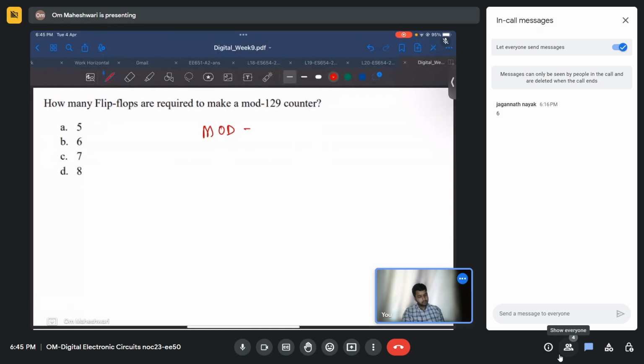The mod should be less than or equal to 2 to the power of the number of flip-flops. So use this to determine how many flip-flops you need. 129 is less than or equal to 2 to the power of how many? 2 to the power 7 is 128.